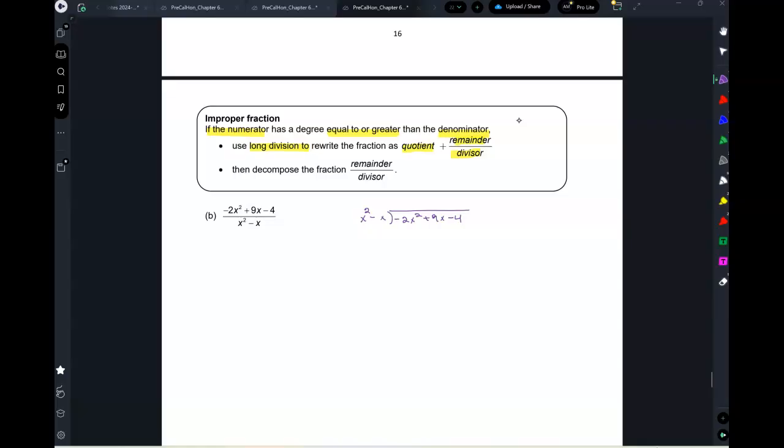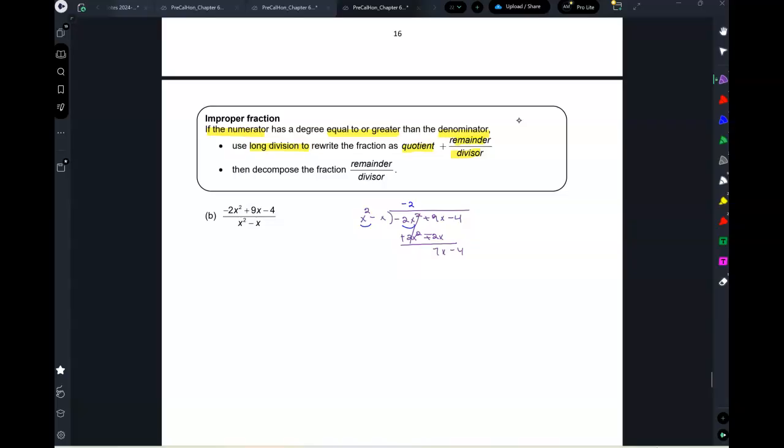Okay, let's do this. So negative 2x squared over x squared, right? I get negative 2. And then you multiply, plus 2x. Remember to switch the sign. Draw the line and combine. So what do I get? 7x minus 4.